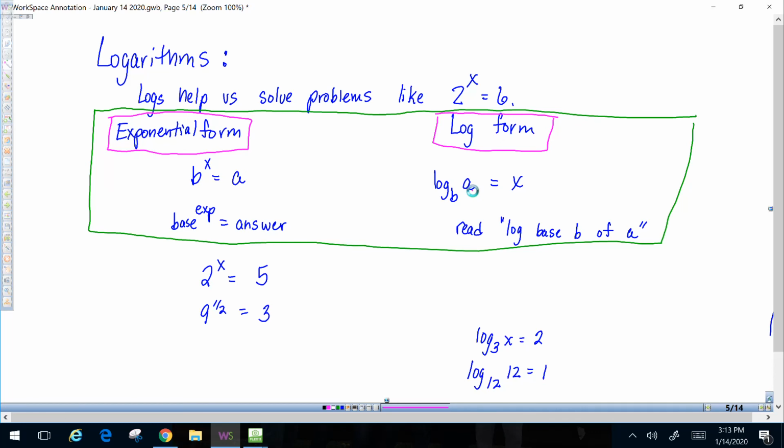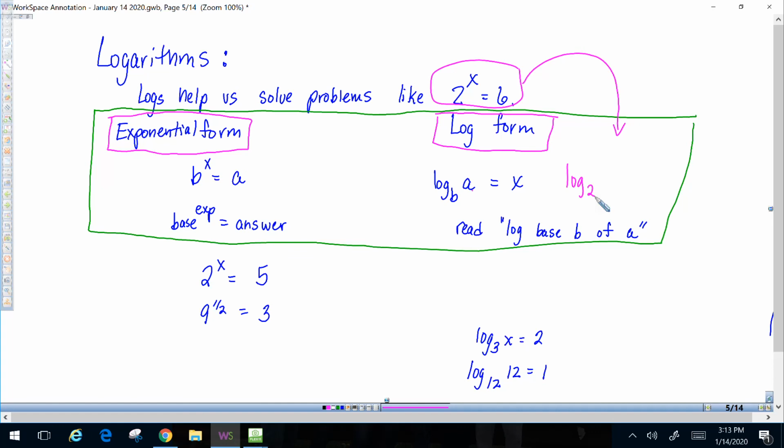So if we took this one and we went from exponential form into log form, it would be log, what is the base of that problem? 2. So the 2 would go as a subscript, a little smaller and a little lower, of the answer.